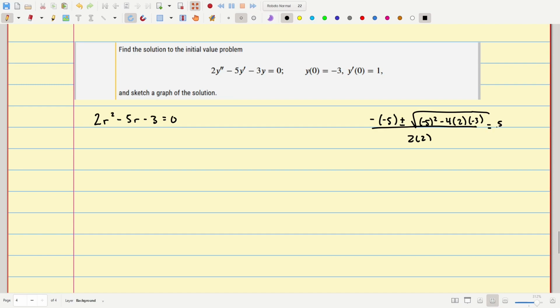This is going to give us 5/4 plus or minus the square root of 49, which is 7, and then over 4 here. And this is going to simplify to 3 if we're adding, and if we end up subtracting, -1/2.